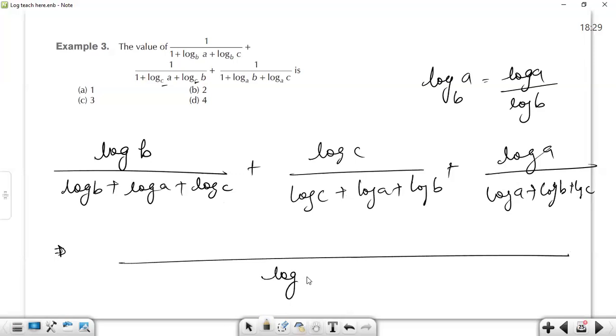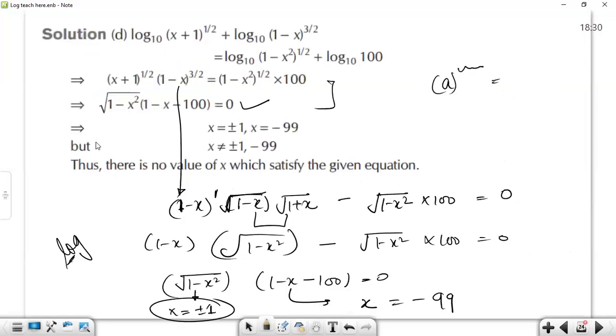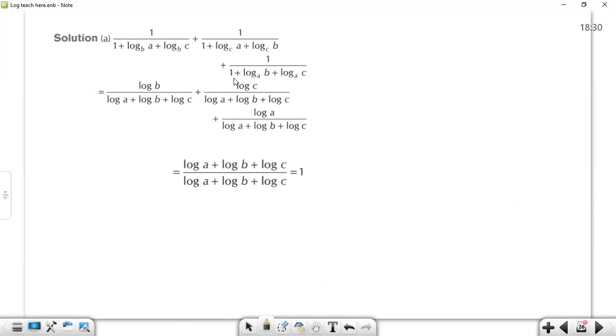So let's write it as logarithm of a, logarithm of b plus logarithm of c, and this is what? Logarithm of b plus logarithm of c plus logarithm of a. So this cancels numerator and denominator. Understood? Yes, sir. So it is given the same in the question also. They have taken LCMs, and that has gone further to make the numerator and denominator equal.